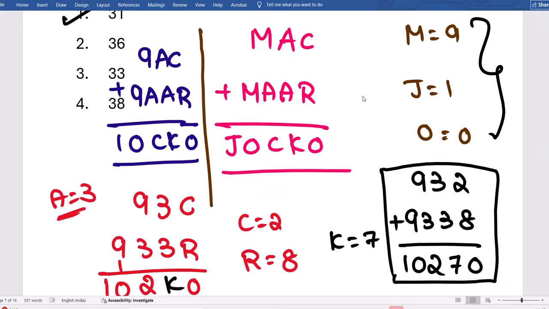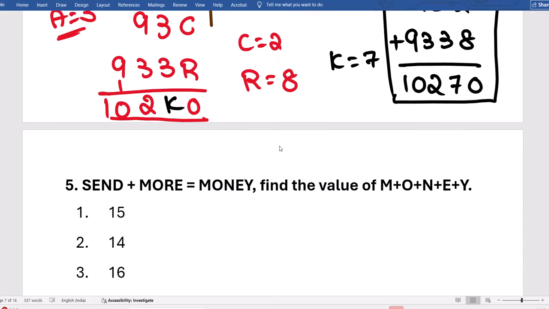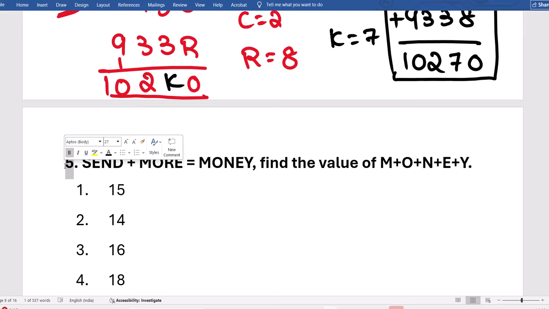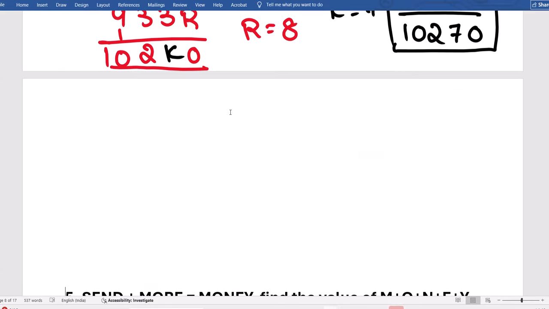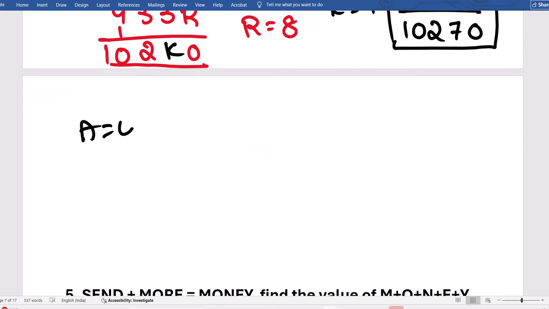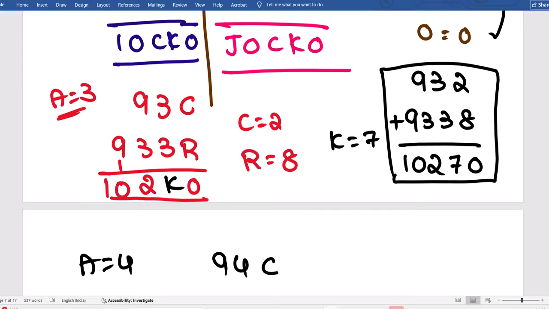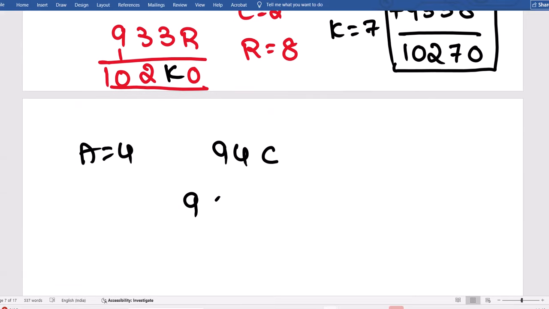If you try values like 5 or 4, it gives a clash with the digits already assigned. If instead of A value 3 you take A value 4, then 9 4 C, then 9 4 4, and the result should be 1 0.